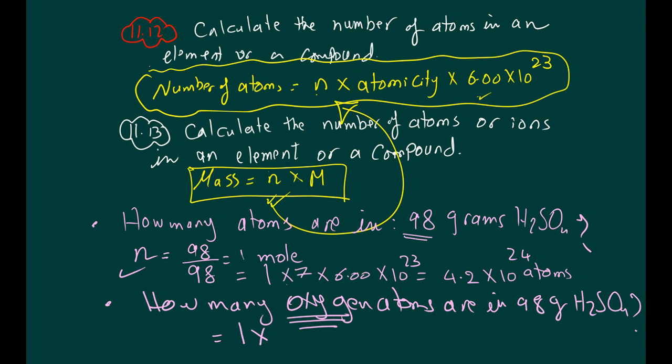The oxygen atoms in the formula are 4. So 1 times 4 times Avogadro's number. 6 times 4 equals 24, or 2.4 times 10 power 24 oxygen atoms.